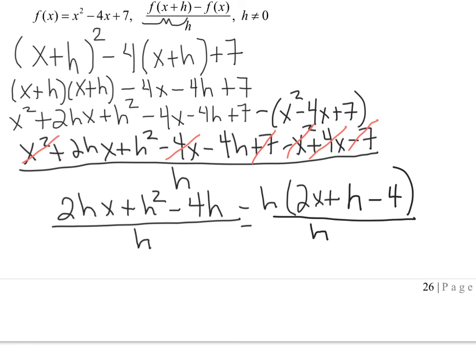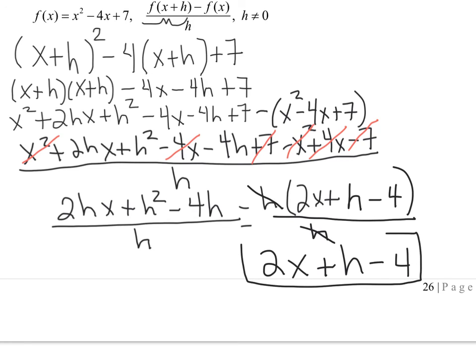Well, these two h's right here cancel out, and what I'm left with in the end is 2x plus h minus 4. This would be the evaluation using my difference quotient.